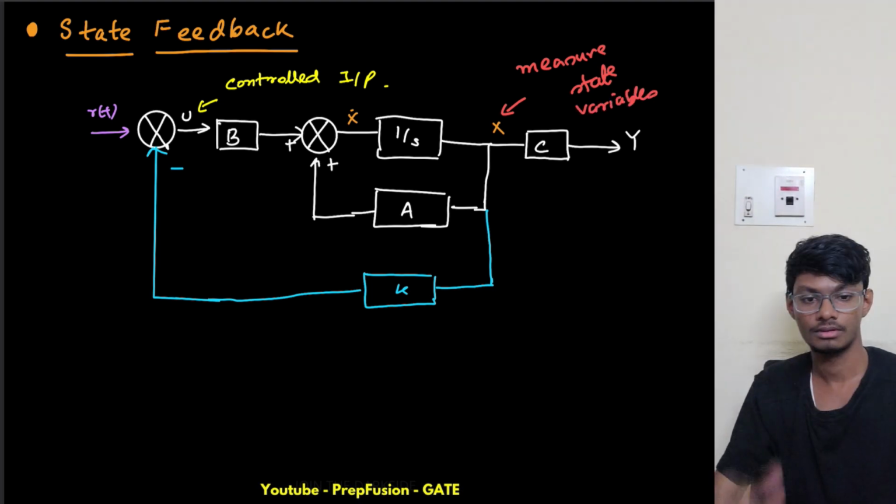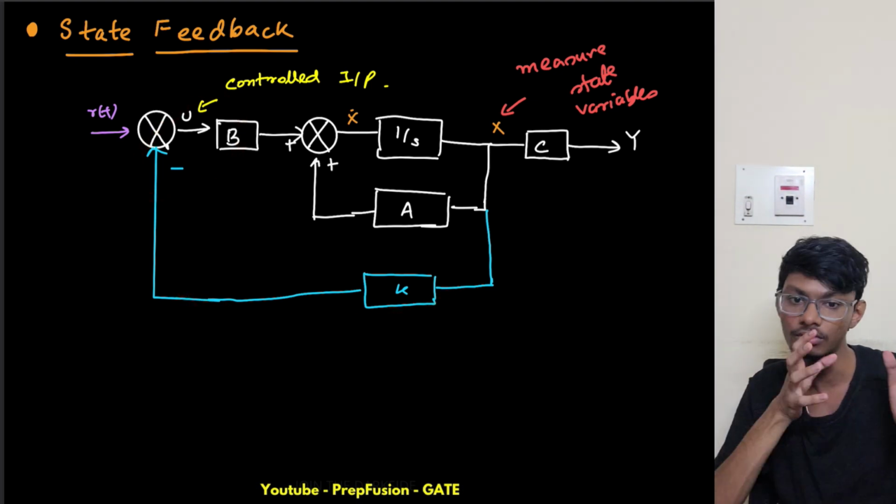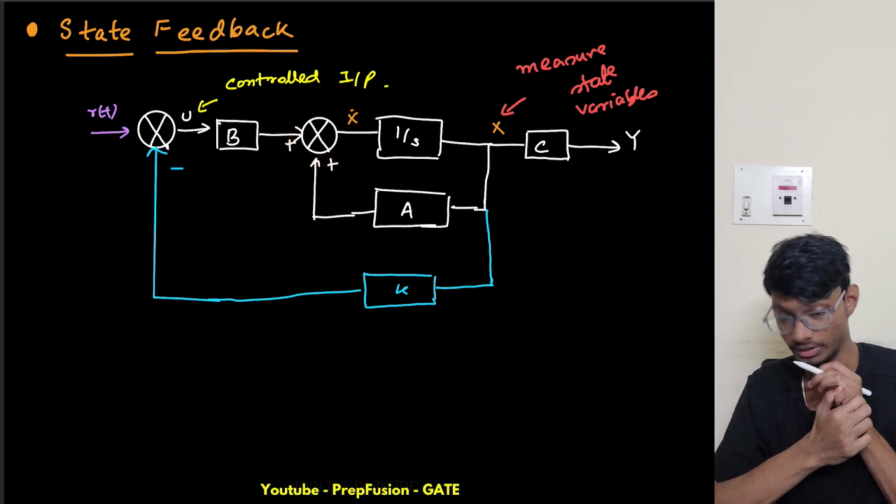Then we feed them back, and then we get a control input, right? That we give to the system. So that is what we do.